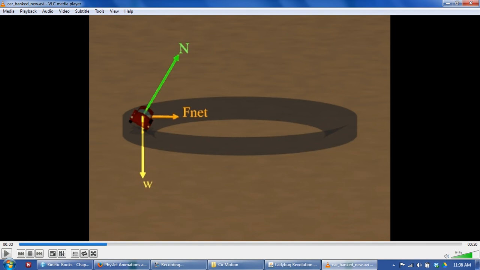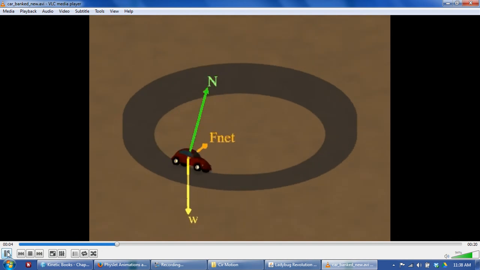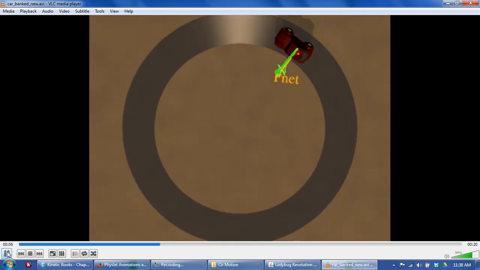If you don't have friction, you're not going to make that corner. But if you're coming off the exit ramp, or you're driving on a racetrack, you don't want to have to rely on friction. You want to be able to rely on a component of your normal force providing that net force, that centripetal force, as you go around that corner. And that's why we bank it.